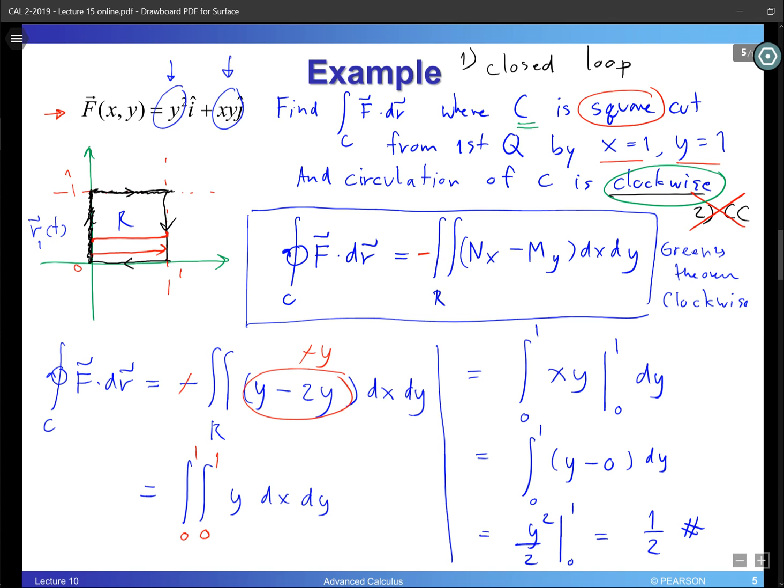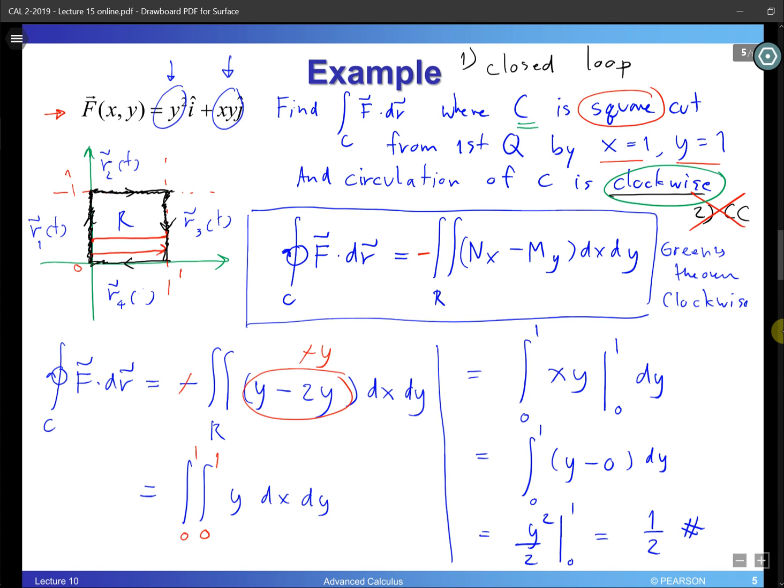And this section requires you to use different r, r(t) number 2, different from the first one. And after that, you have to perform the line integral again on the third section. And this is different r as well. And it's going to be the same for the last section, number 4, r number 4.